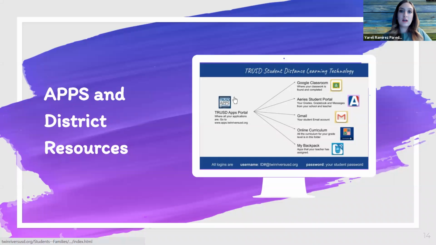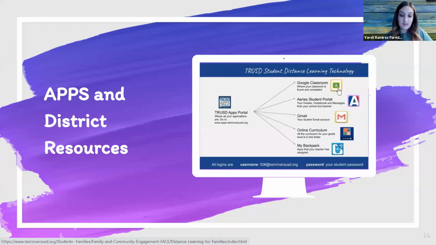So if you see my mouse, it looks just like that. In the TRUSD apps, there are 5 different apps that I want to talk to you about. The first one would be Google Classroom. This is a communication tool between the students and their teacher.